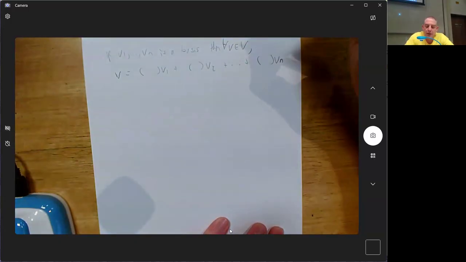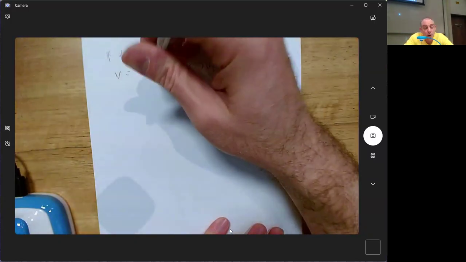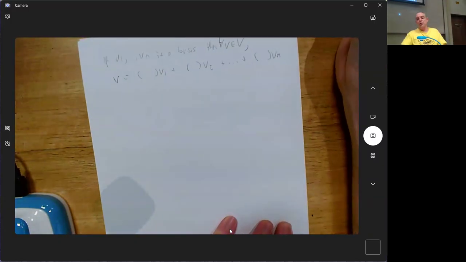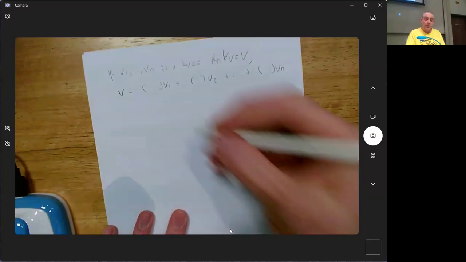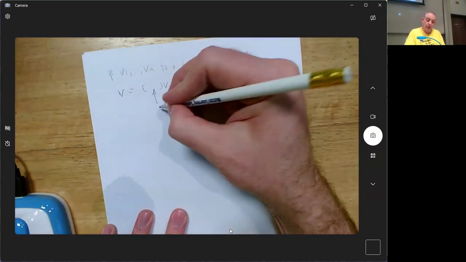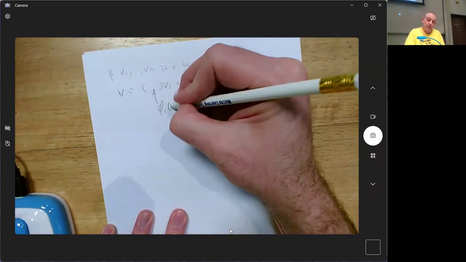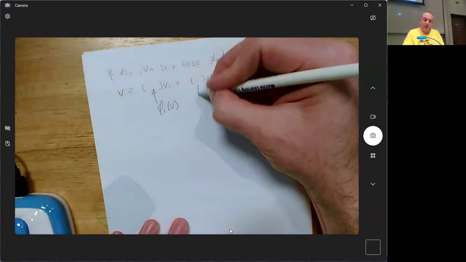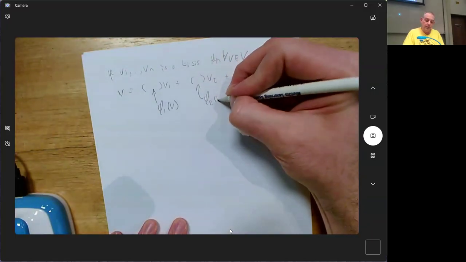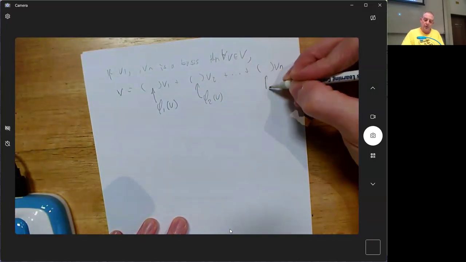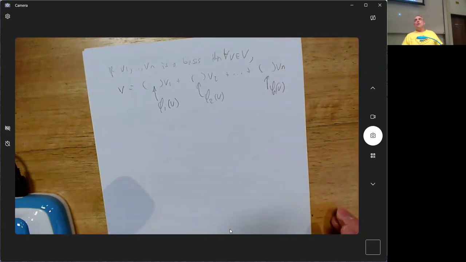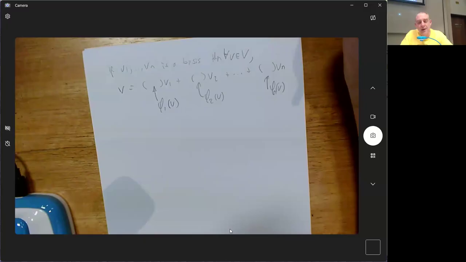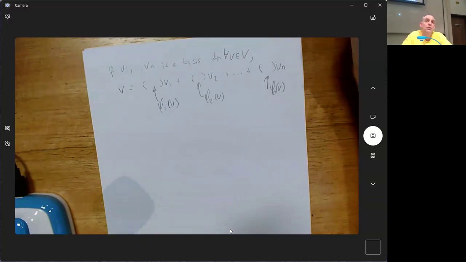And the correct answer for what goes in this spot is not always easy to figure out, but if you do have a dual basis, then you can figure it out. Because the correct answer for what goes in this spot is phi 1 of V, and the correct answer for what goes in this spot is phi 2 of V, and so on. So if you want the correct coefficient in your linear combination, then your dual basis will do that for you.